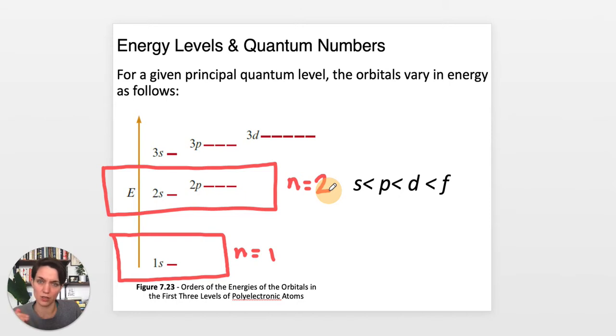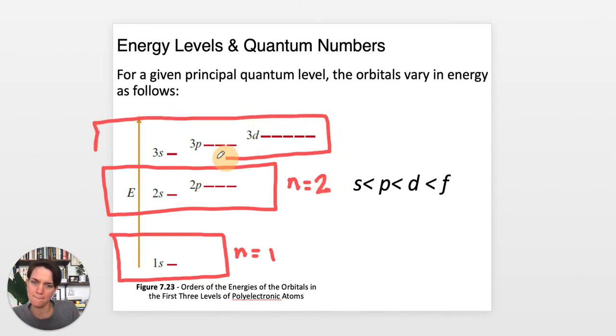It's just 1 or 2 electrons really close to the nucleus, relatively. n equals 2, we have our s and our p orbital, and notice that the p orbital is at a slightly higher energy level than that s orbital. And then we have our s, our p, and our d once we get into n equals 3.